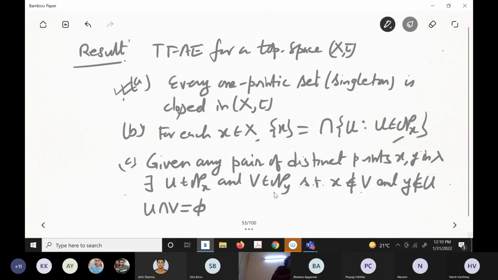V will contain y but not x, and U will contain x but not y.